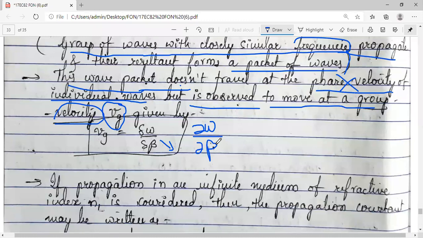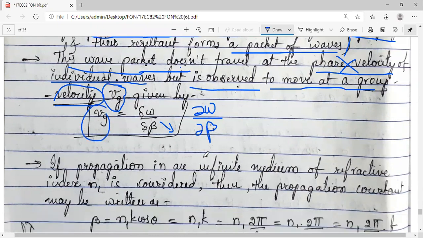When a group of waves is traveling, they have different frequencies, so they travel with different speeds. Because of this, we need to go for a group velocity. What is the group velocity of those particular waves? For that, we go for this dou operator: Vg is equal to dou omega by dou beta.